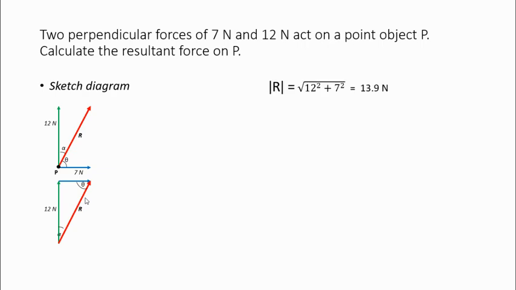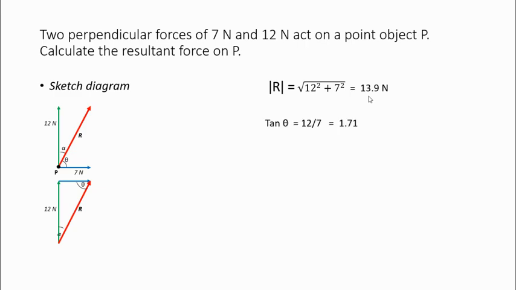So let's go. Since the vectors are perpendicular, the magnitude of the resultant, and this is how we represent the magnitude of the resultant, using Pythagoras' theorem, the magnitude of R is 13.9 newtons, the square root of 12 squared plus 7 squared.